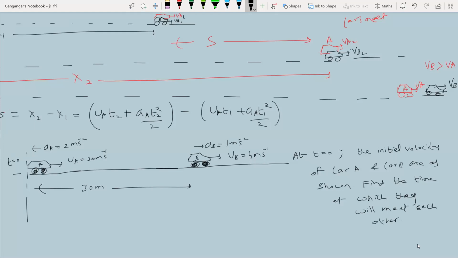Sir, riverboat problems also the same, no, sir? I'll start riverboat later, why are you bothered now? Read the question I gave. Apply the concept. Focus only on the question on the board.